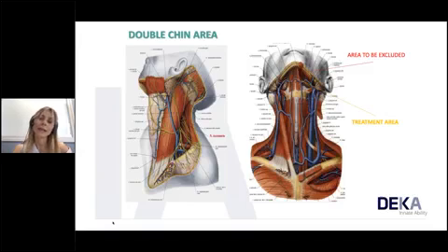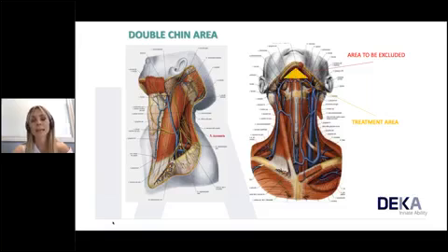Well, recently, DEKA, in order to respond to the requests of customers, increased the field of application of Onda even to the treatment of the double chin, the submental area.